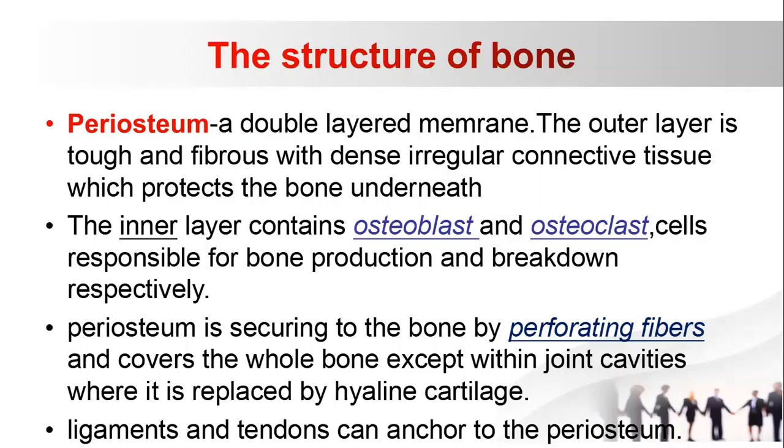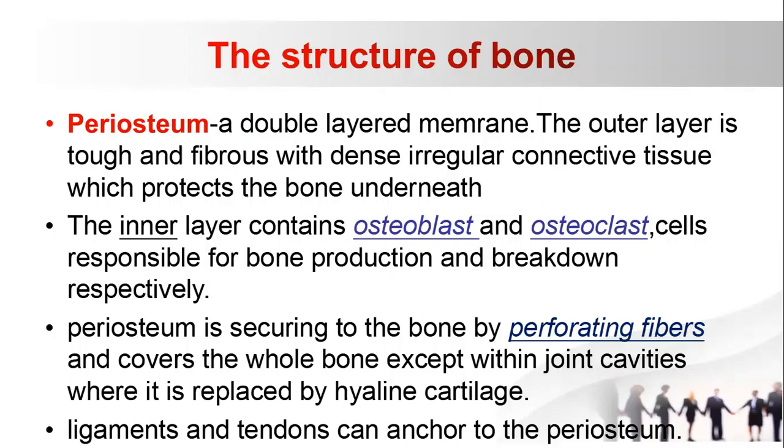So within the joint cavities, we have hyaline cartilage covering the ends of long bones. We're told that ligaments and tendons can anchor to the periosteum. So the periosteum provides the basic surface where ligaments and tendons can anchor, especially along its length.